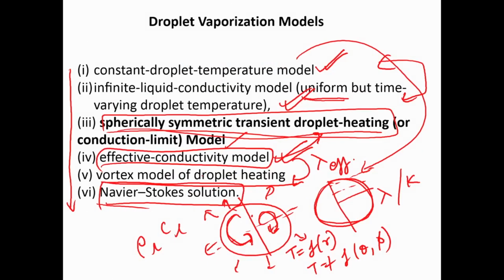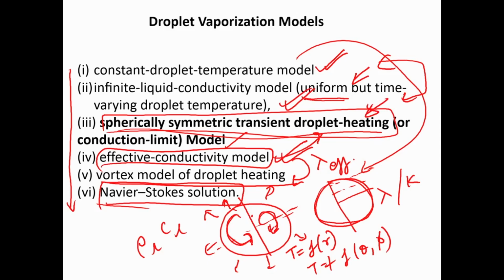if you recall this, the type 2 model was basically where we considered infinite liquid conductivity, and the type 3 model is this current one that we are doing, with a spherically symmetric assumption, right.